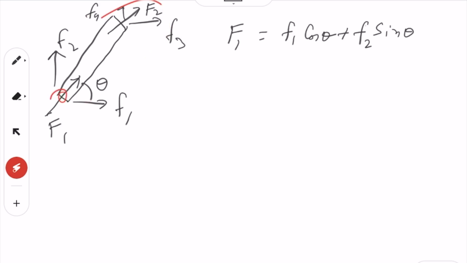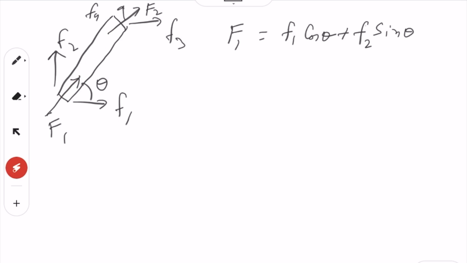We are not talking about the combined force due to any other member here. The force will be along this bar only, and this F1 is the force through this bar at this point.